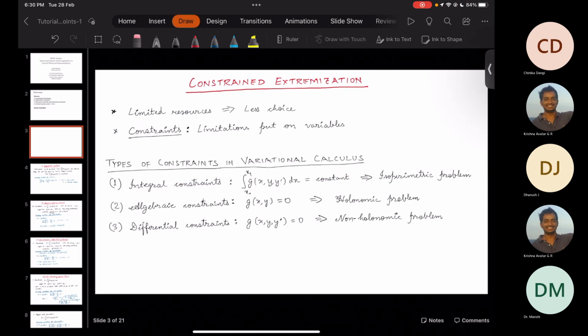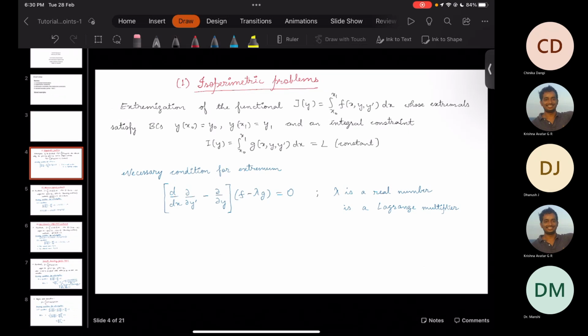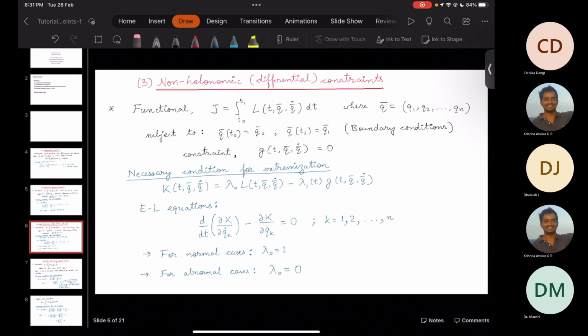There are three types: integral constraints, algebraic constraints, and differential constraints. Then we reviewed the general formulation for isoperimetric problems and the necessary conditions for the extremal, followed by that of holonomic or algebraic constraints, followed by non-holonomic or differential constraints.